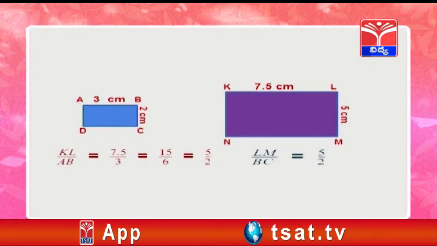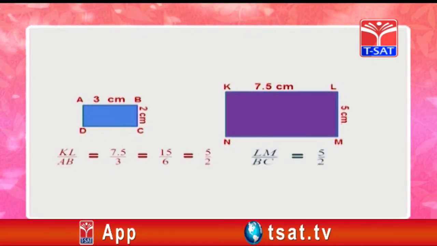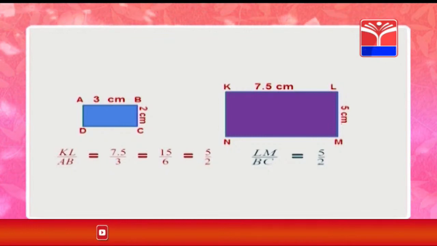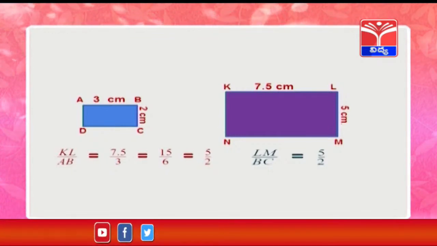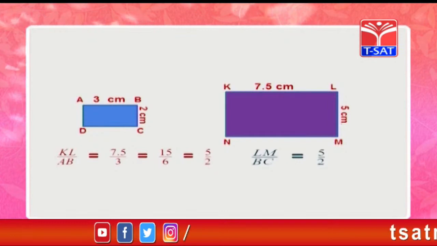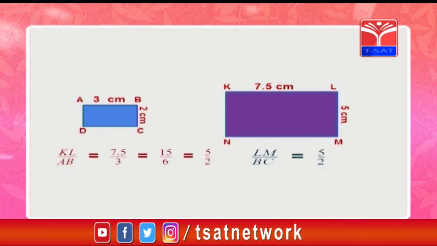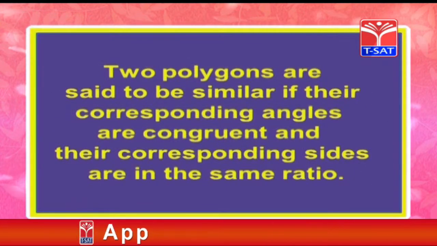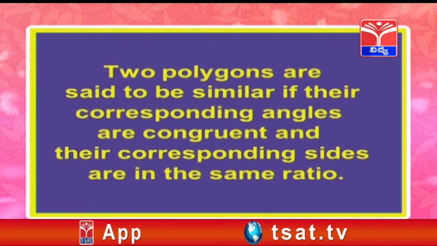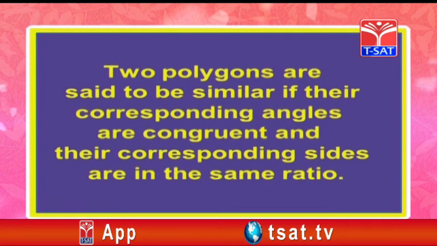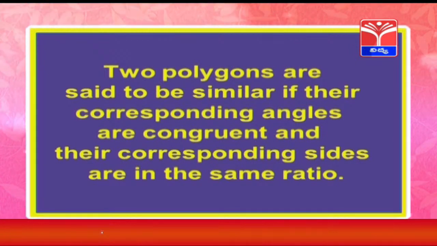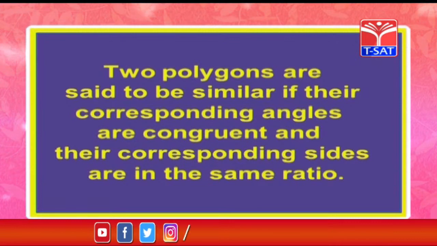Now, taking the ratio of their breadths, corresponding sides LM by BC is equal to 5 by 2. So, the ratio of the corresponding sides in these two rectangles are equal. So, they are similar. We can say that two polygons are said to be similar if their corresponding angles are congruent and their corresponding sides are in the same ratio.